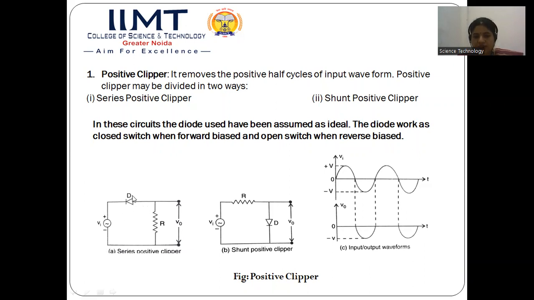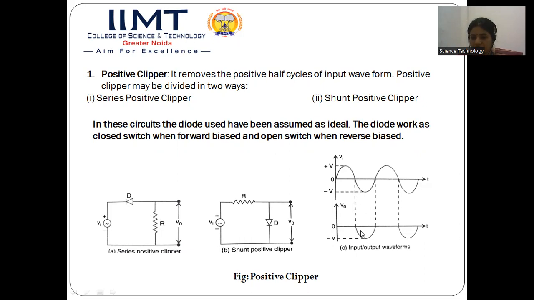Whenever this diode becomes forward biased, it will act as a short circuit or as a closed switch. When it acts as a short circuit, the current will start to flow and there will be a voltage drop across the resistance R. And in this situation, we will get the output voltage. So the output voltage is represented in this diagram.